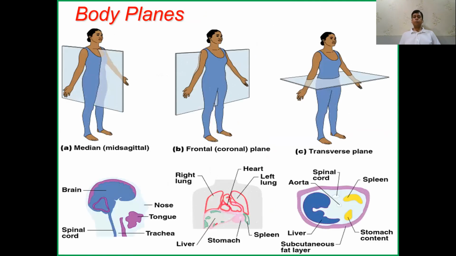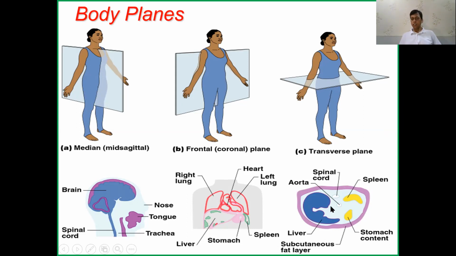Then this is the plane called the mid-sagittal plane. Say the body is cut in this plane, so this is the structure of the brain in the mid-sagittal section. Sometimes in anatomy or physiology books you will see this. This is the frontal plane, so you can see the organs in the front side of the body, and this is the transverse plane. If you cut the body in the transverse plane, you will see the body like this.